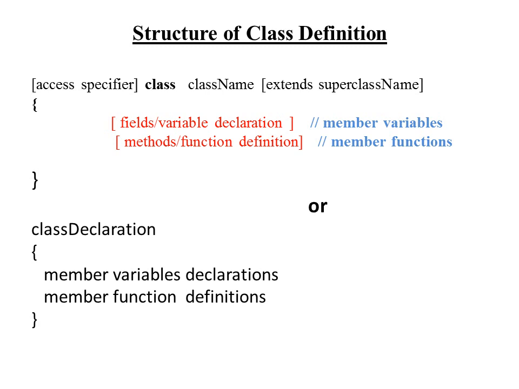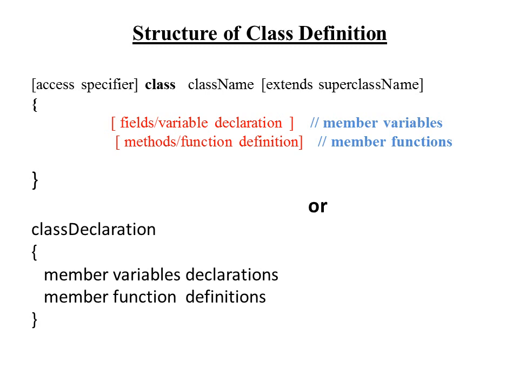And the class body can have field declaration and method definition. These fields are also known as variables or member variables, and these methods are also known as member functions.